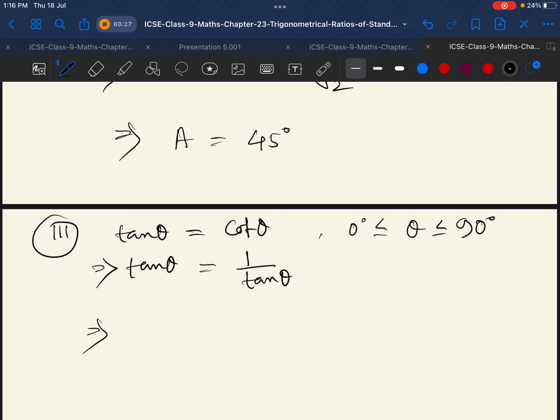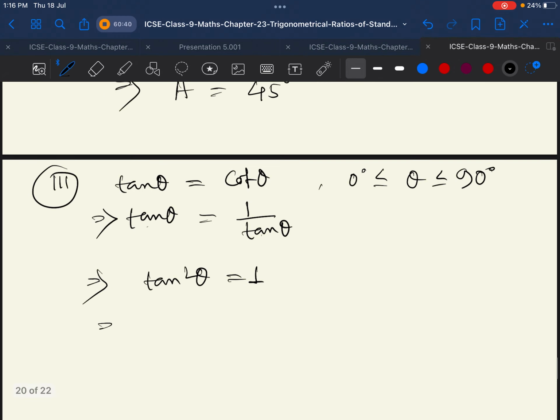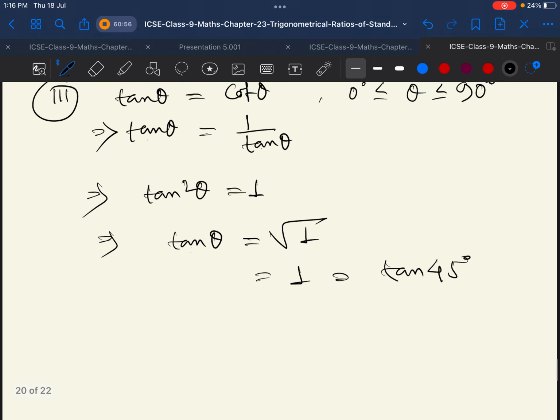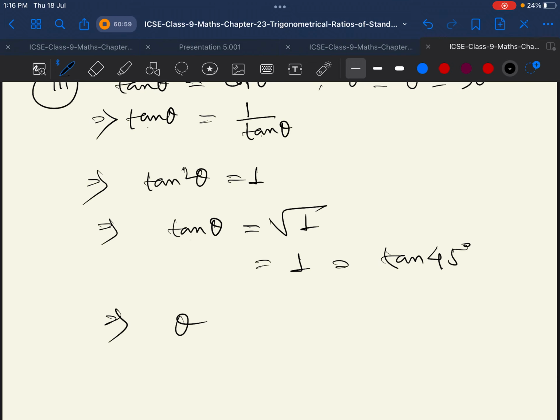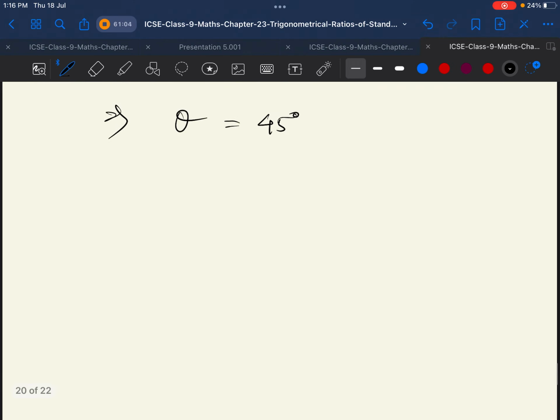So this implies tan theta into tan theta, this will be tan square theta equals to 1. Okay, so we can write tan theta equals to square root of 1. So this will be 1. So we know tan 45 degree is 1. So theta equals to 45 degree.